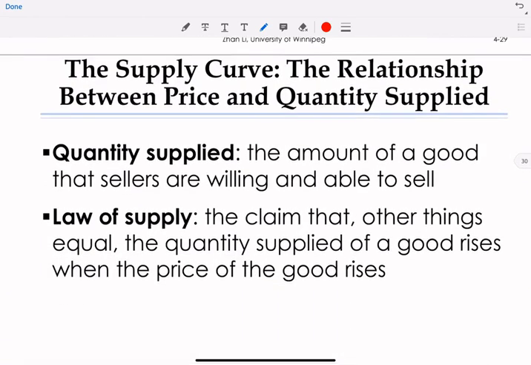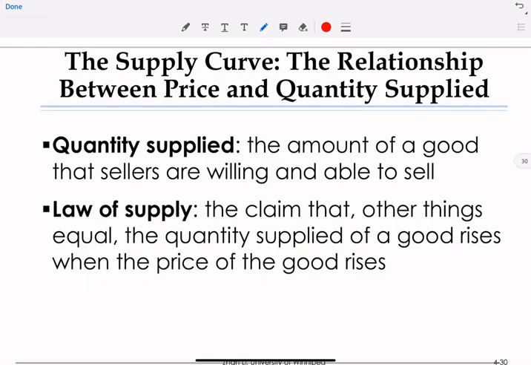Well, since we have learned about demand curve, it's much easier to talk about supply curve. So first, just like what we have done in the demand section, in this section of supply curve, let's first define several concepts. The first one is quantity supplied, right?